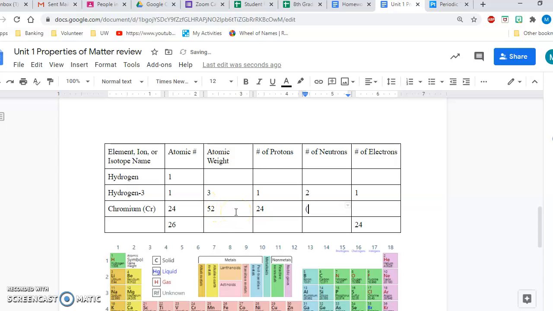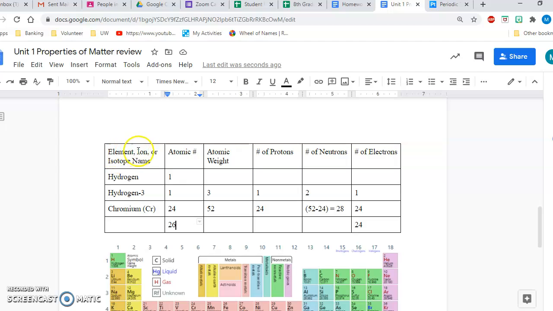We are going to need 52 minus 24, which is going to be 28, I believe, if my mental math is correct. And again, we would have 24 electrons. Awesome. So this is just a simple element.